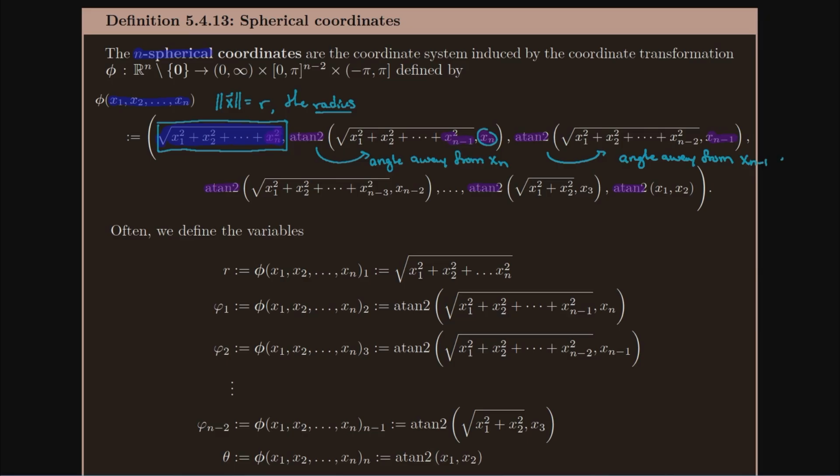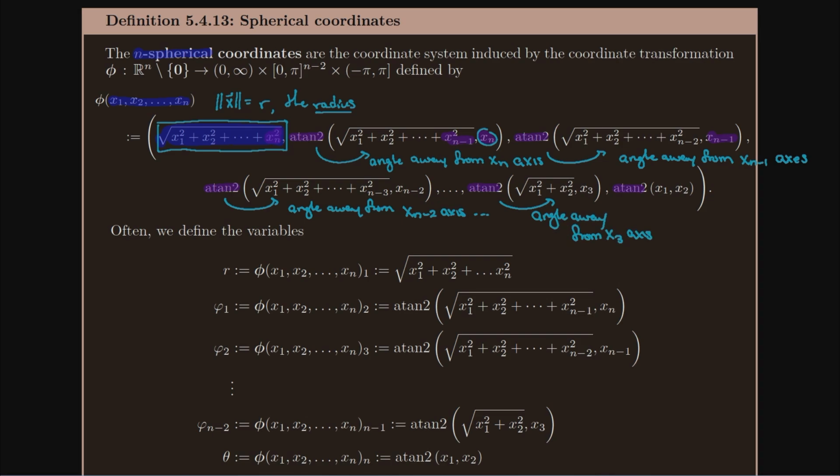When I say away from these things, these are the axes, the axes that refer to each of those variables. You keep peeling off, so this is the angle away from the xn minus 2 axis, and this goes all the way down until we get the angle away from the x3 axis.